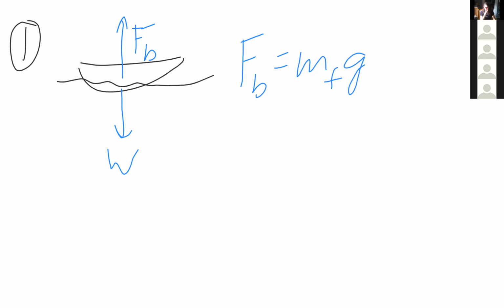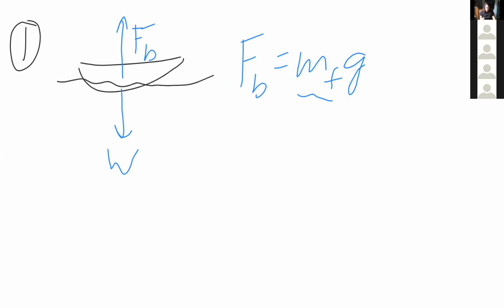Now, actually calculating the mass of the fluid displaced, that's where calculating the buoyant force gets a little wonky. For one thing, it's weird to think of taking a cup of water and weighing it, like how much water is in a cup, how much water is moved by a boat.